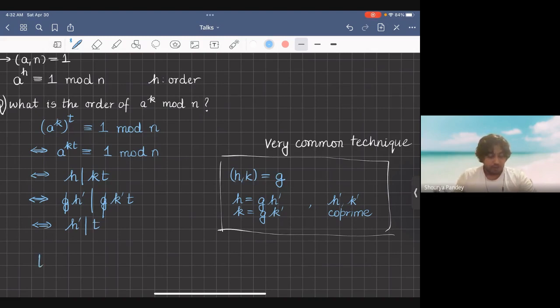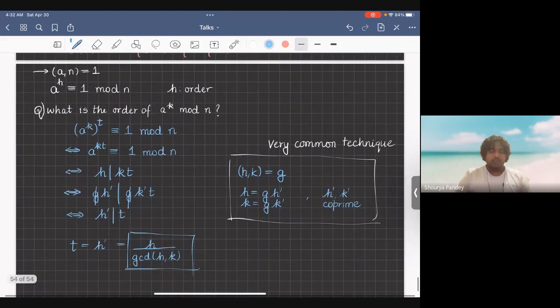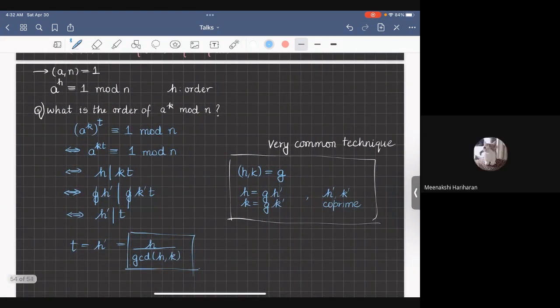The smallest t that works is h prime, right? Which is just h upon g. And so this is the order. Is it clear?